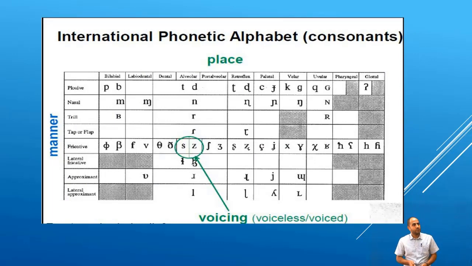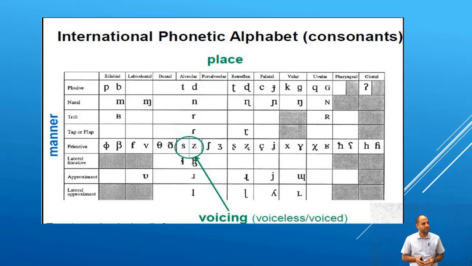This is the International Phonetic Alphabet, which includes the consonants. As we can notice, these three main criteria that we need to use when describing consonants are explained in this table. On the very top, we have place of articulation, where we have a number of points at which air is obstructed to produce the main consonants.